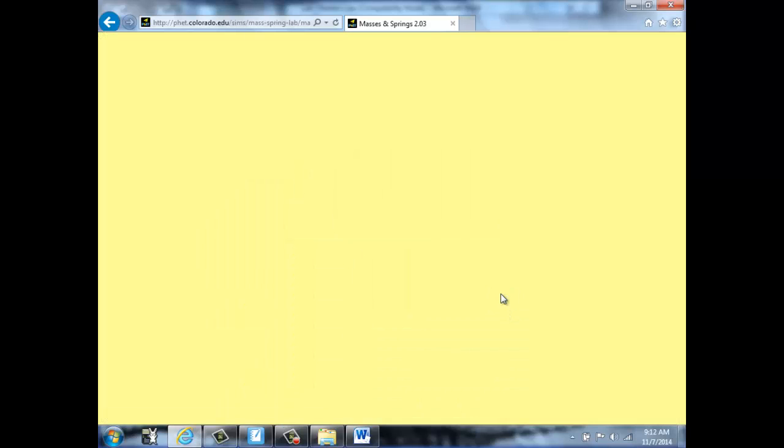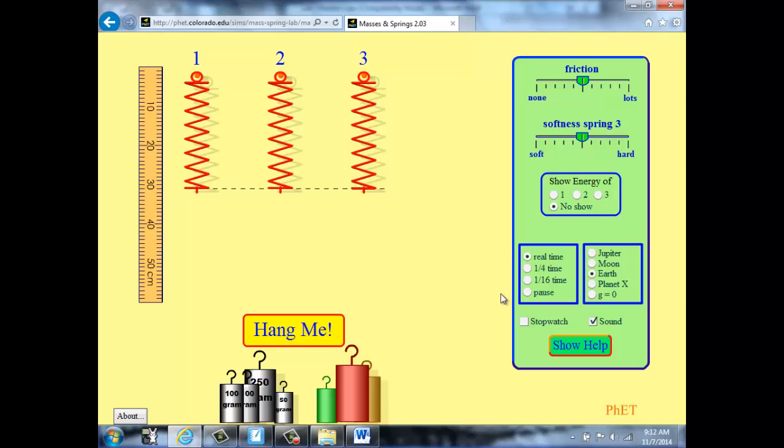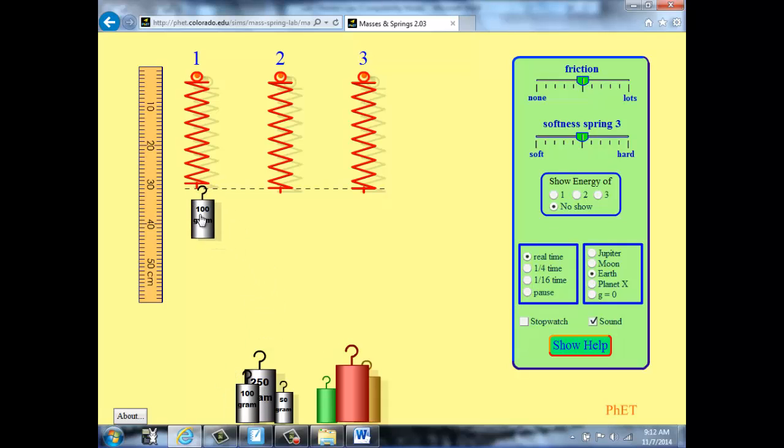Okay, so here's the simulator we're going to use next week, Tuesday. Basically, it's going to provide some springs hanging from the ceiling. One of our goals is going to be to figure out how much the K value is on the springs based on how far the springs expand. So, for example, if I were to hang this 100-gram mass on here, it's going to bounce up and down.